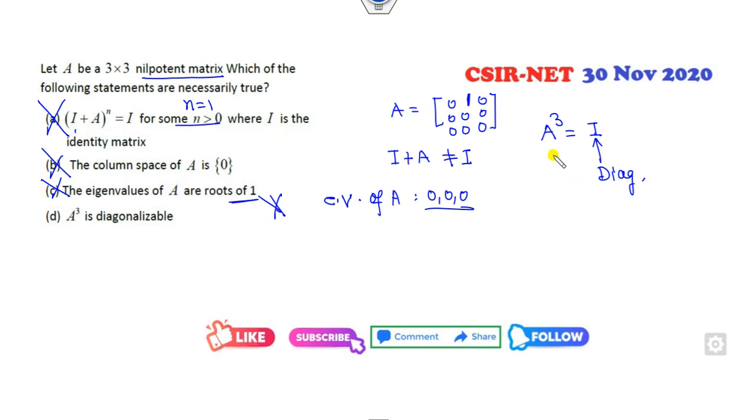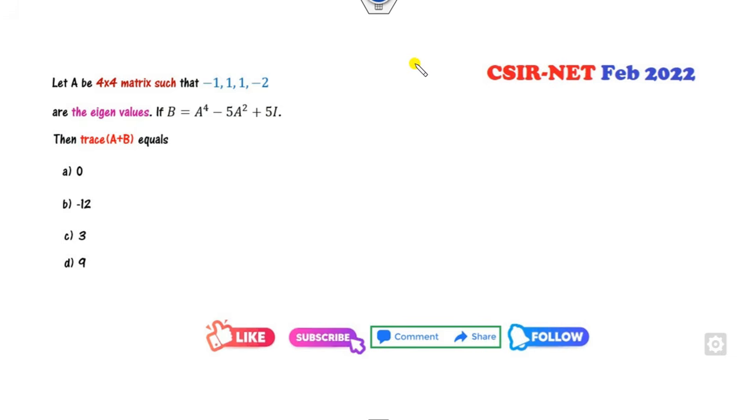Identity is a diagonalizable matrix. So this is also, no, A cube is 0 and 0 is diagonalizable. So that means A cube is also a diagonalizable matrix. Moreover, you can also see the algebraic multiplicity of these numbers and the others.